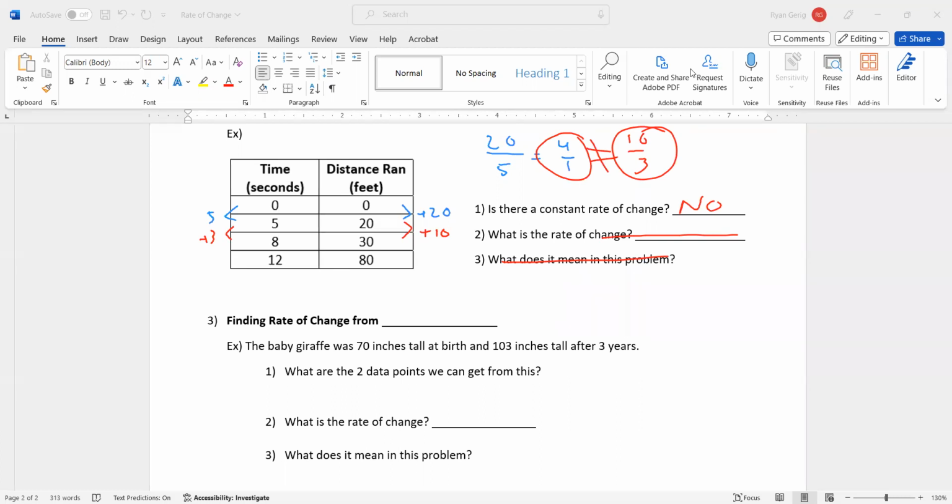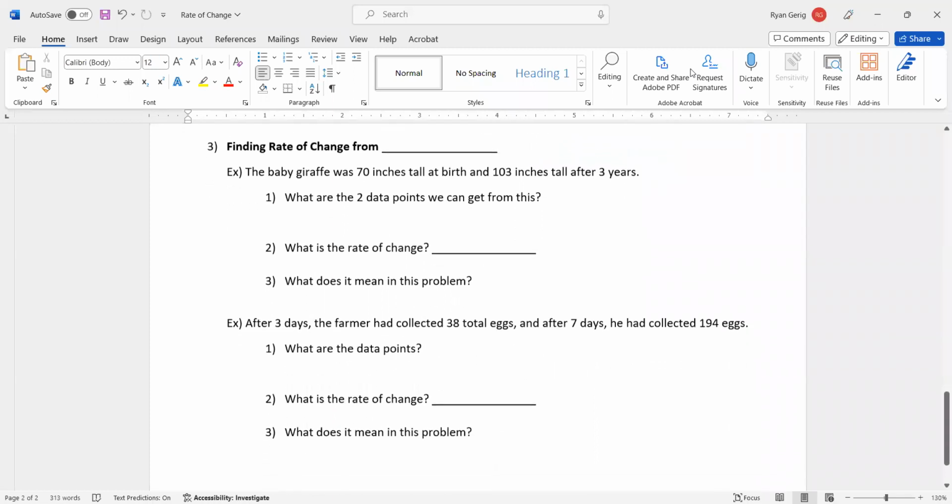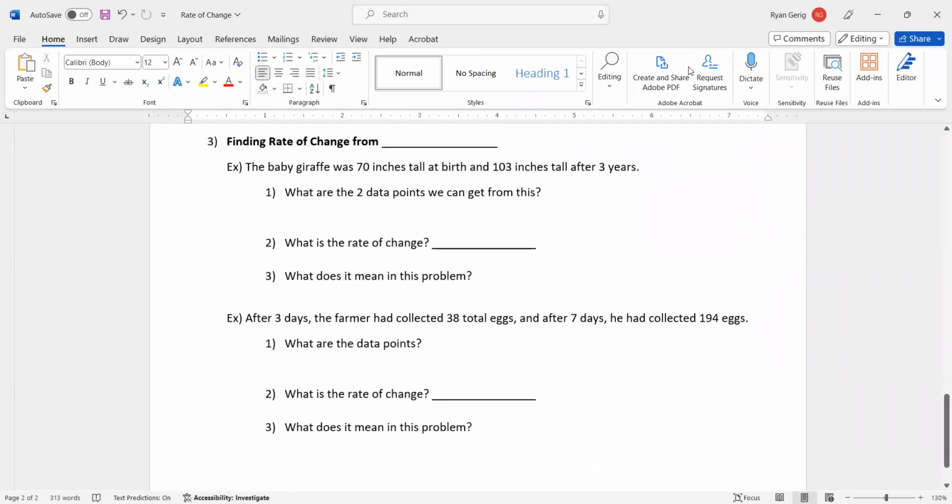Let's look at the third way of finding rate of change, or third situation where we find rate of change from a situation. The baby giraffe was 70 inches tall at birth and 103 inches tall after 3 years. What are the 2 data points we can get from this?